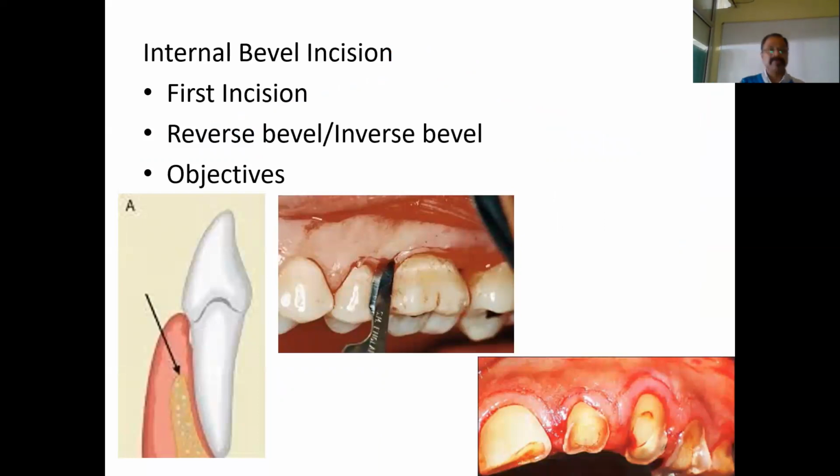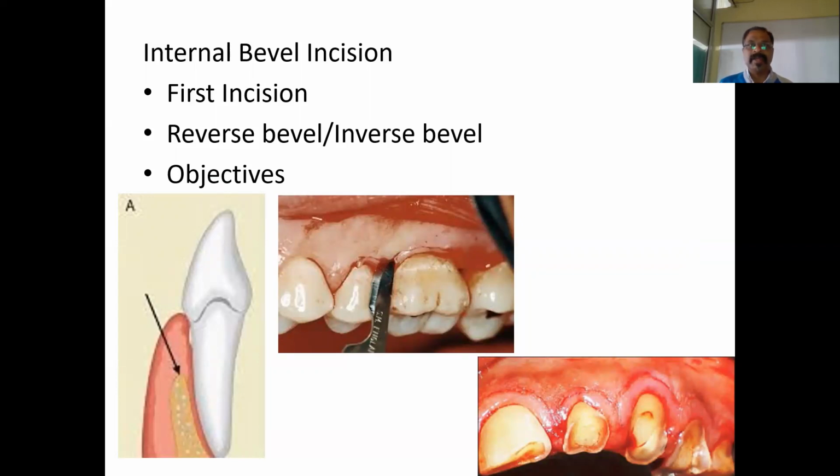The first horizontal incision most of the time given in a periodontal flap surgery is called an internal bevel incision, or it is also called the first incision. In a flap surgery, most of the time when we use a modified Widman or an original Widman flap, the first incision is called an internal bevel incision.